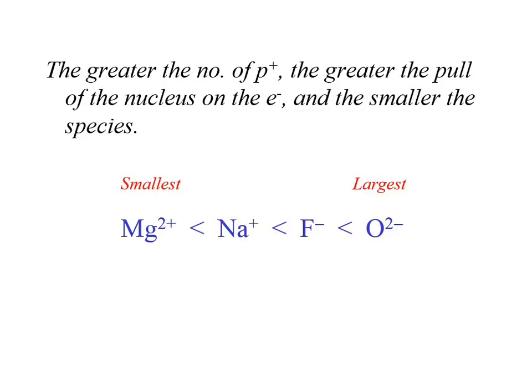Now, I don't want to throw you off, but if I was going to go back to part 3 and just look at the periodic table and compare oxygen to magnesium, magnesium would still be larger, wouldn't it?